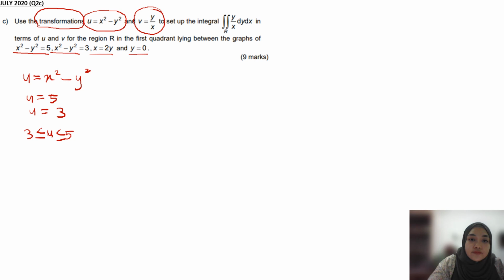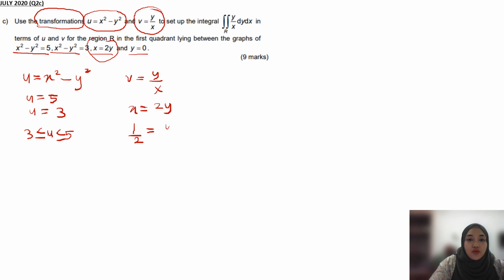For this one, V equals y over x, so you see this one, x equals 2y. You have to rewrite until you get in terms of v. So to rewrite this one, 1 over 2 equals y over x.